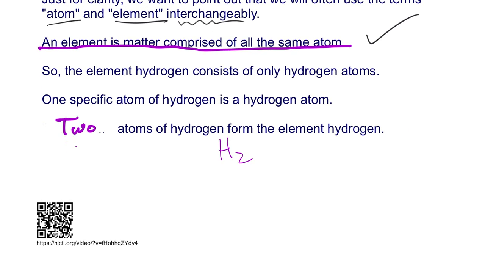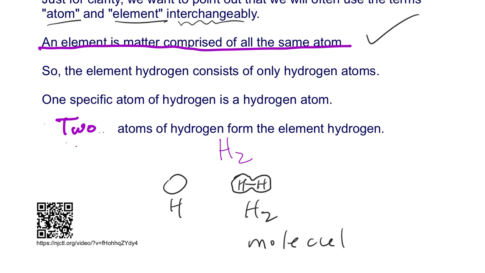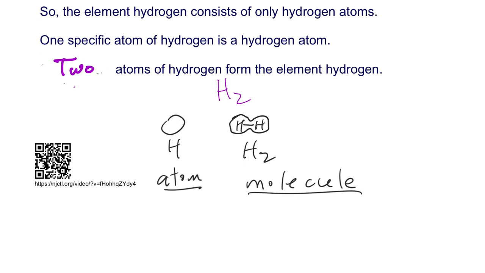So we can have an atom of hydrogen, or you'll find out that hydrogen can chemically bond to form a molecule of hydrogen. But in either case, the atom and the molecule are composed of the same type of atom. So these are both considered elements.